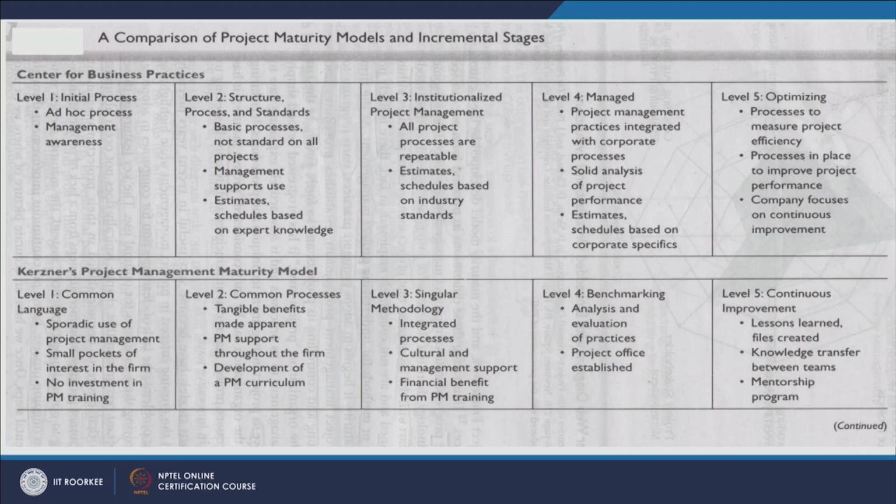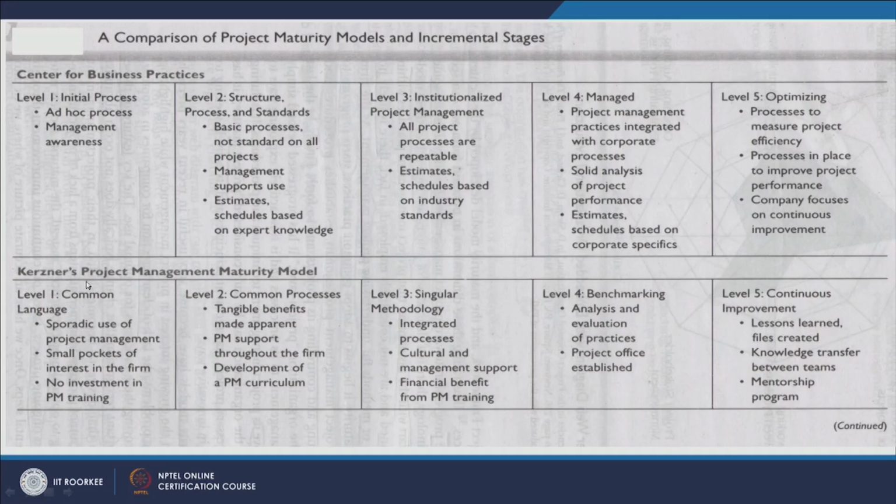Slowly you will understand rules and regulations, roles and responsibilities, and the decision making process, and towards the end you will always have something called optimization. Here everything is well established, well defined, and from here onwards you should try to continuously improve. So, if you look at this model, the first level is initial processes and the fifth level is optimization.